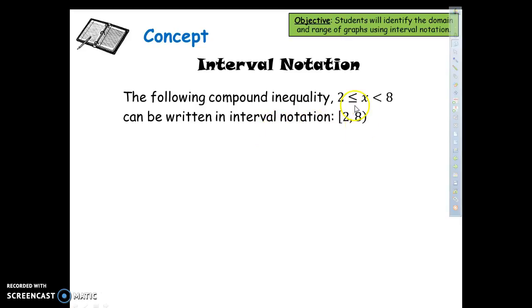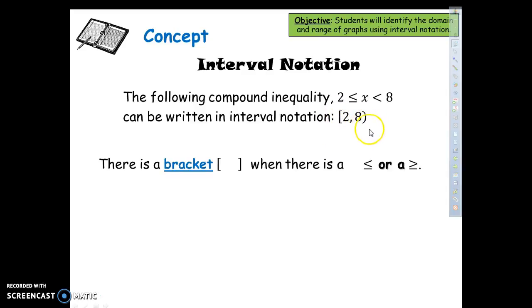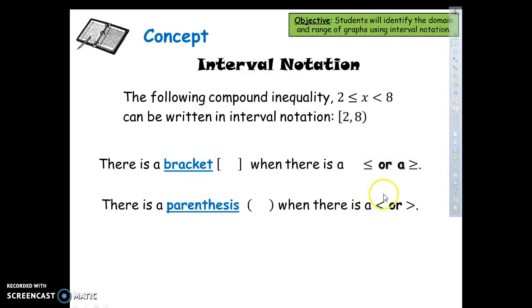And here I have the interval [2, 8). Notice here I have a bracket and here I have parentheses. There is a bracket when there is a less than or equal to or greater than or equal to. And there is a parentheses when there is a strictly less than or a strictly greater than sign.